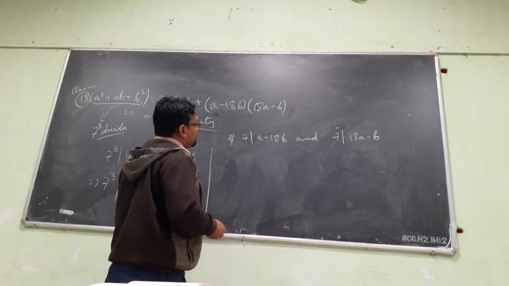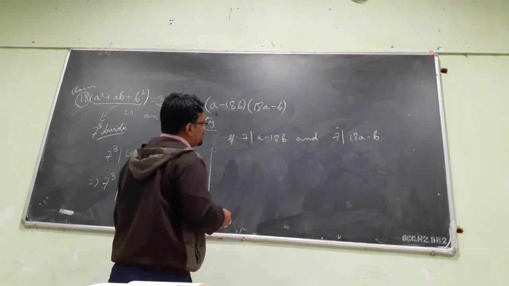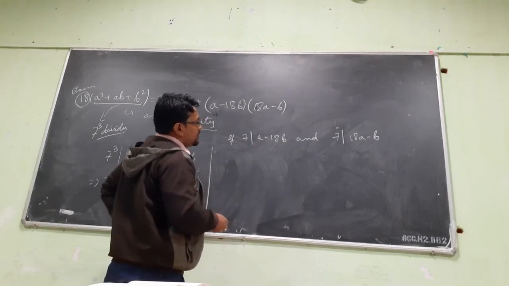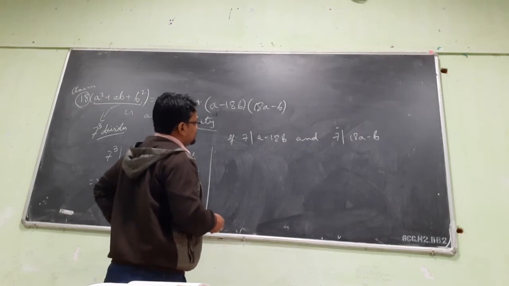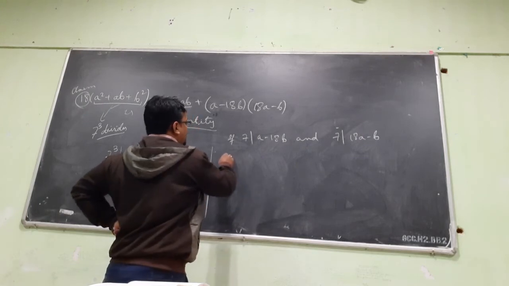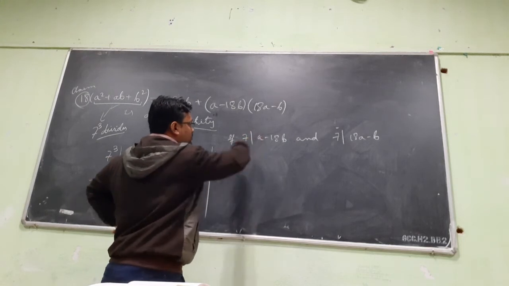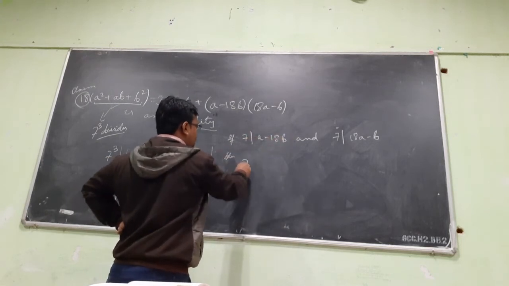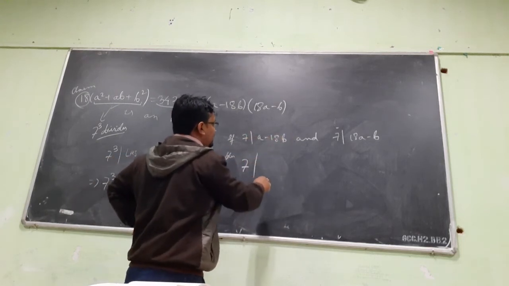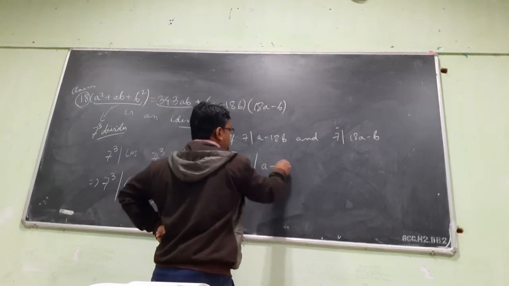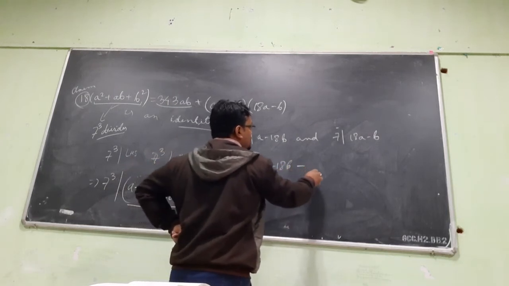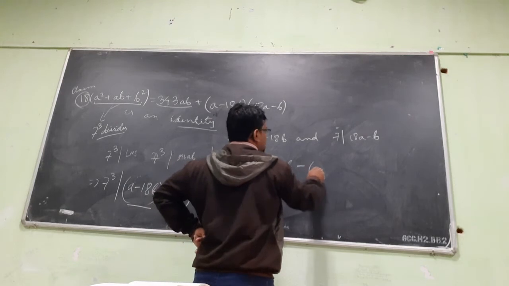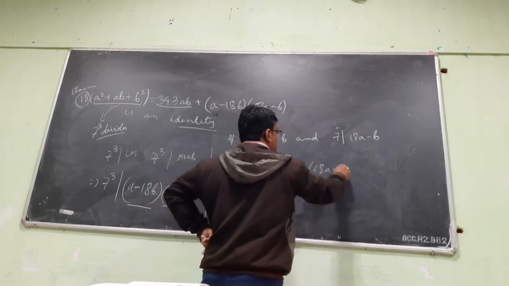So if 7 divides both, then what can we write? We just subtract these two. Then 7 will also divide a minus 18b minus 18a minus b.